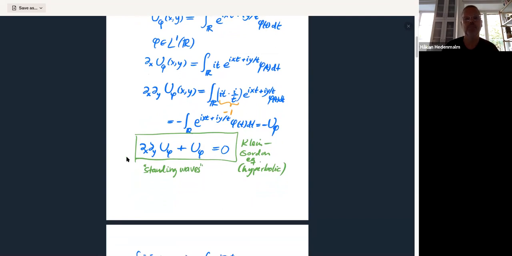So, yeah. Probably at some point you studied the hyperbolic equation called the wave equation. The wave equation is when you don't have this u sub phi there. U is not there. It's just the second derivative in x and the second derivative in y of the function is 0. And now we've added this funny expression, adding u there to the equation. That tells us that the equation has a little different behavior.